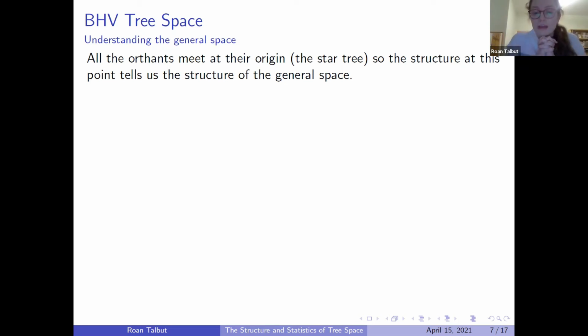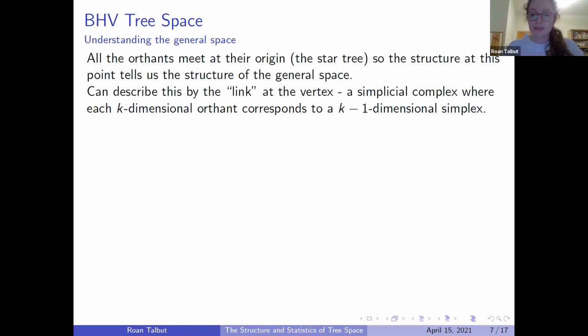If all of our orthants meet at this one point, then we can deduce that understanding the structure at this one point tells us the structure of the entire space. Another way to think about this is that the whole space is a cone. We can scale the internal edge lengths arbitrarily big or shrink them all to 0, and then we reach our star tree.